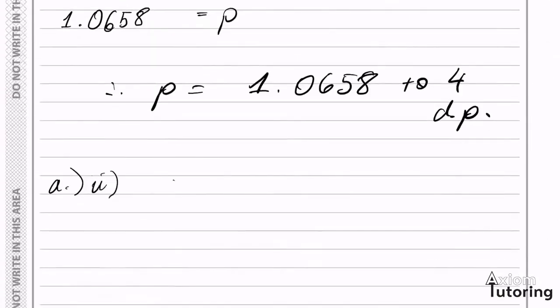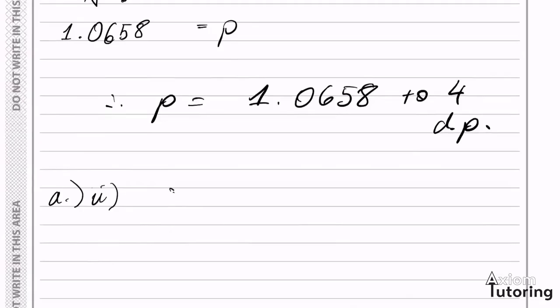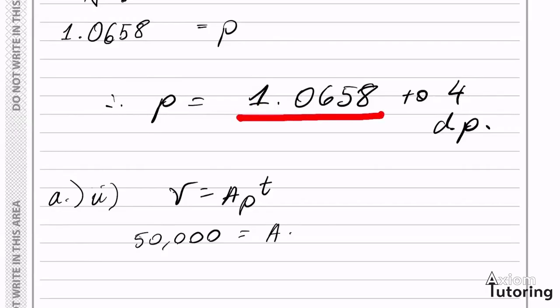If I just write down the expression, I'm using V equals A times P to the power T. I'm using a value of V as 50,000, A times P, but I'm using the rounded value of P to 4 decimal places. So that's 1.0658 to the power of 11, because I'm using T equals 11.